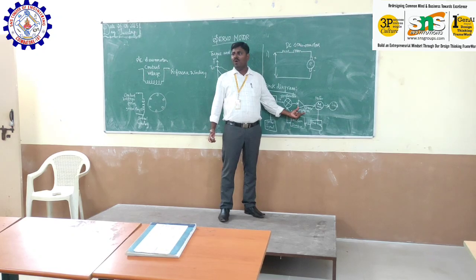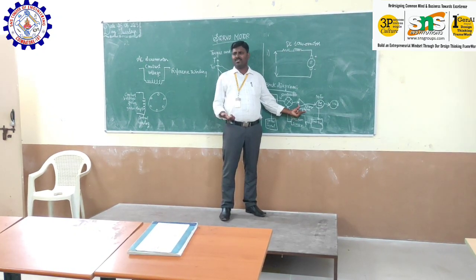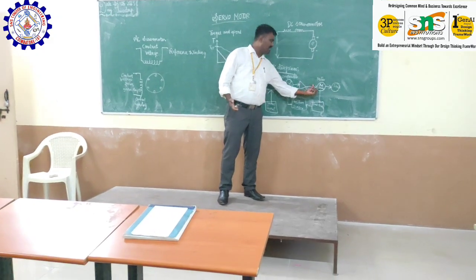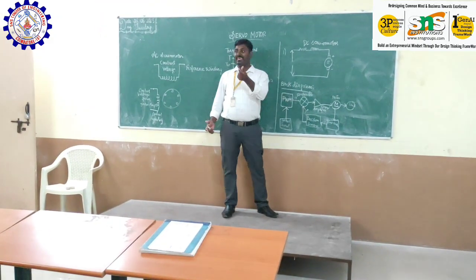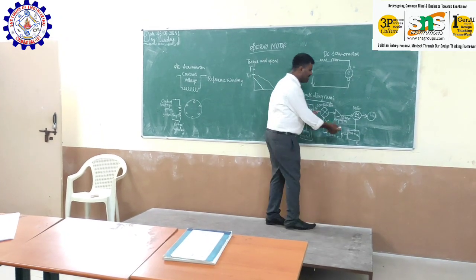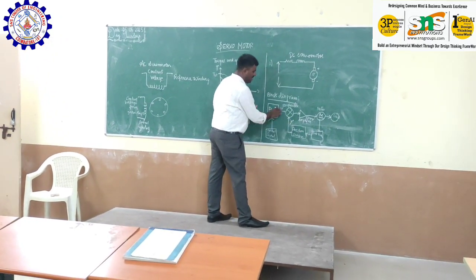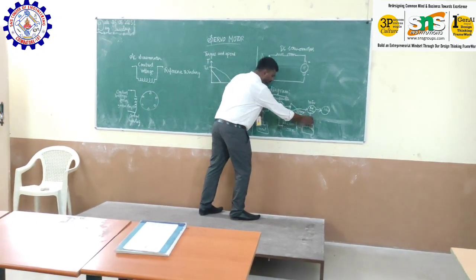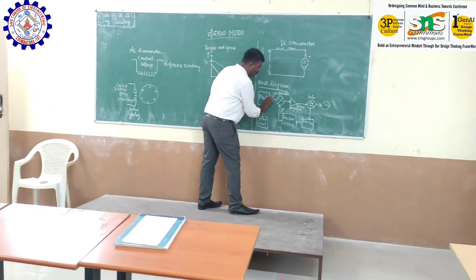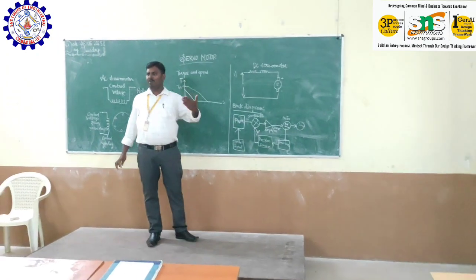The voltage and power have to be amplified, and that signal is given into the motor. Based on that error signal, the motor operates again. Again we measure the angle, 9 degrees, and the difference is 1, so it operates again, until the reference and actual values are the same.